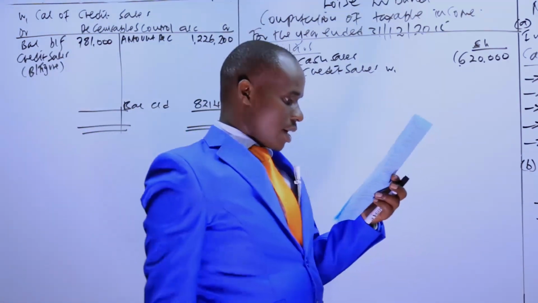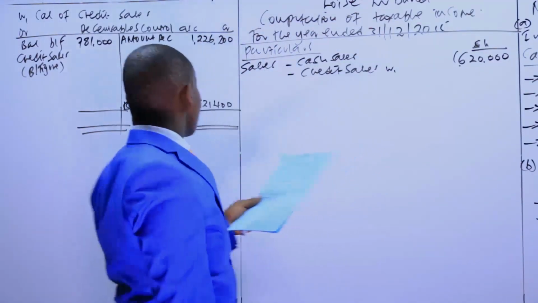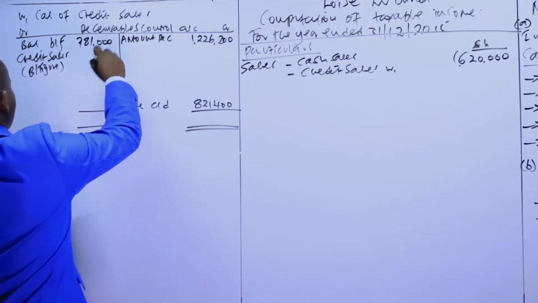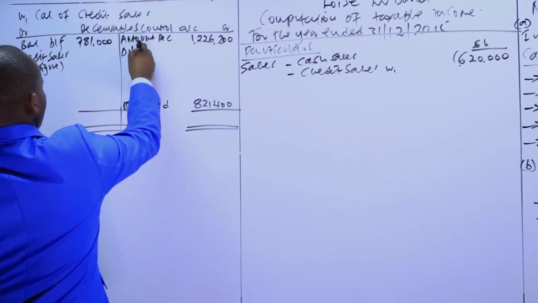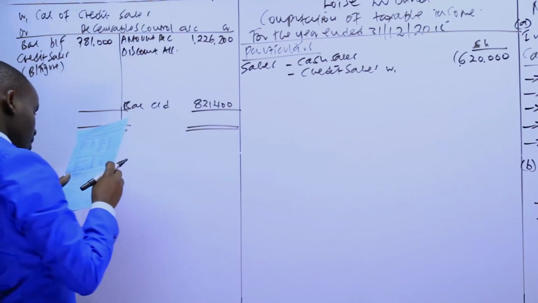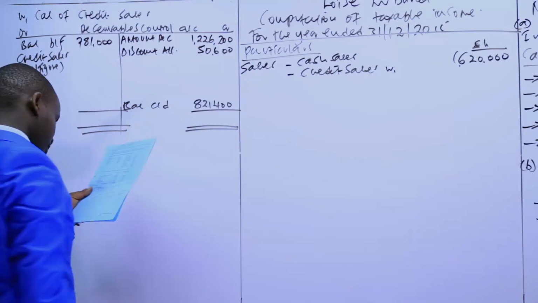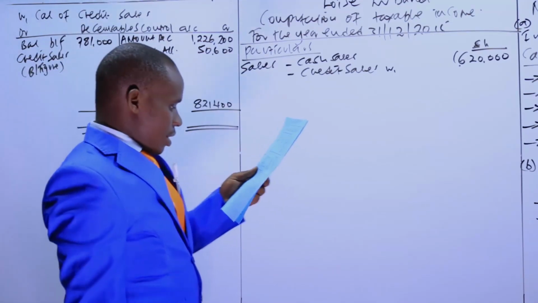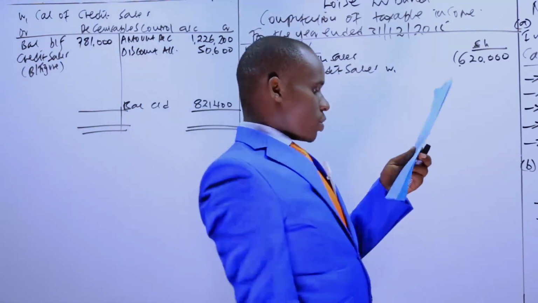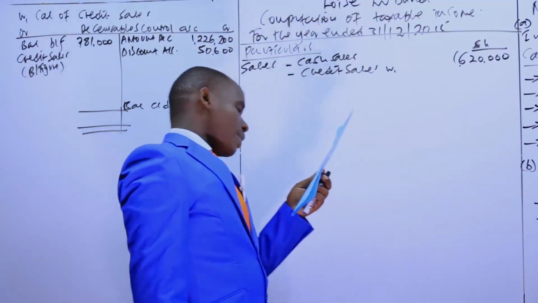Then from additional note number 1, I have discount allowed, which reduces the receivables: 5,600. Then note 2 drawings, note 3 depreciation, note 4 bad debts.